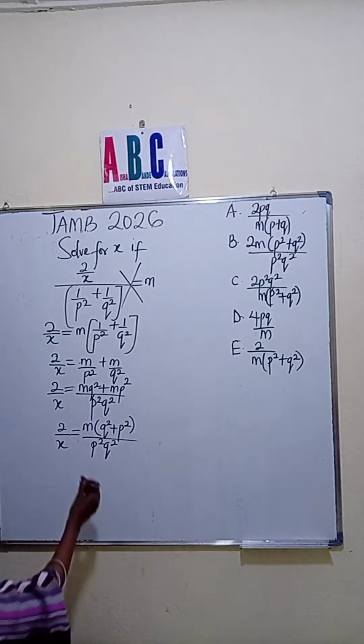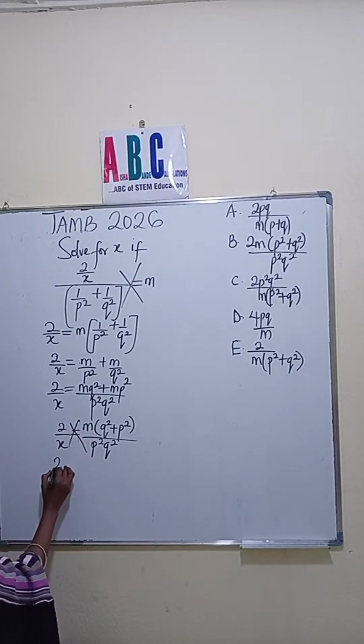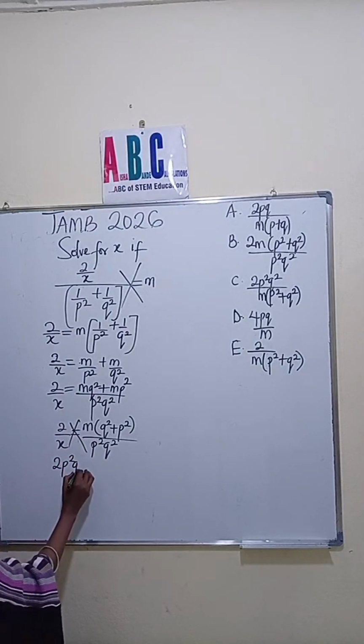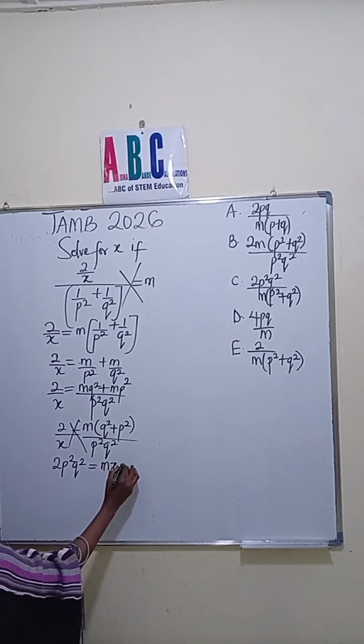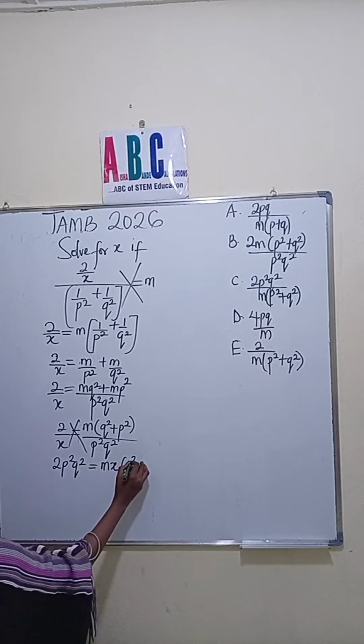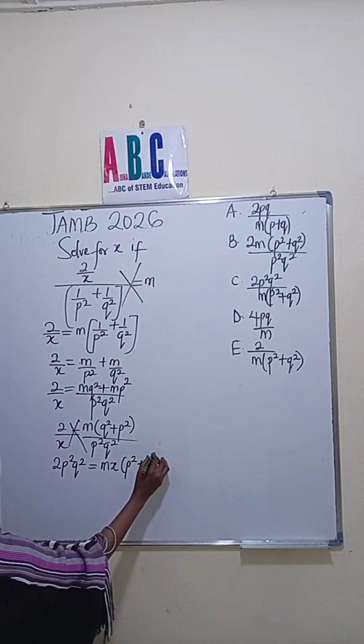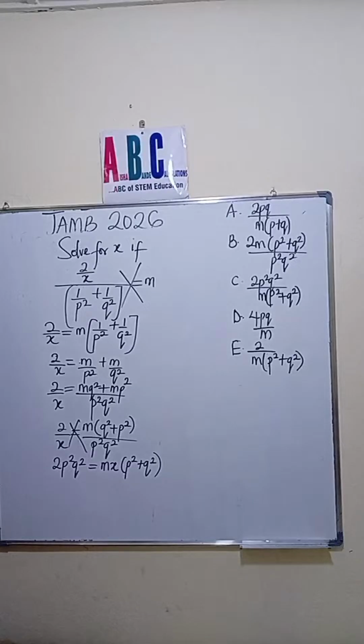Yeah, I can cross multiply here. So this becomes 2 p squared q squared is equal to m x open bracket p squared can come before the q squared, the same thing, just rearranging. So what can I do at this point?